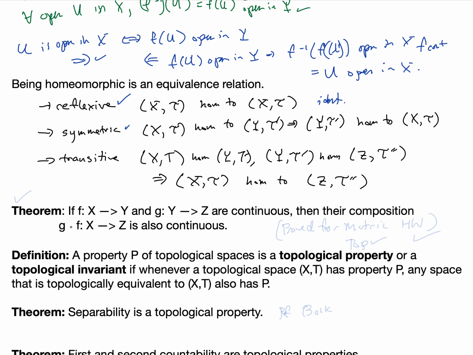For transitive, showing that if X is homeomorphic to Y and Y is homeomorphic to Z, then X is homeomorphic to Z, we just need this theorem: if f mapping X to Y and g mapping Y to Z are continuous maps between topological spaces, then their composition is also continuous. This we proved previously for metric spaces in the homework. There were two different ways to prove this.